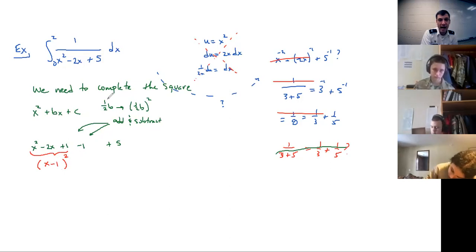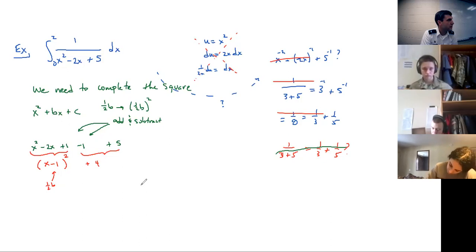Half the b value is right here. And then, of course, this is just a number. This is a +4. Are we okay with that?